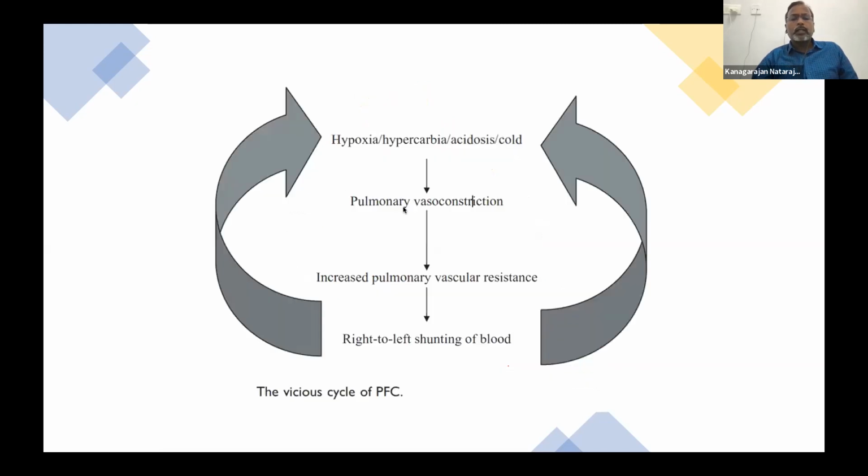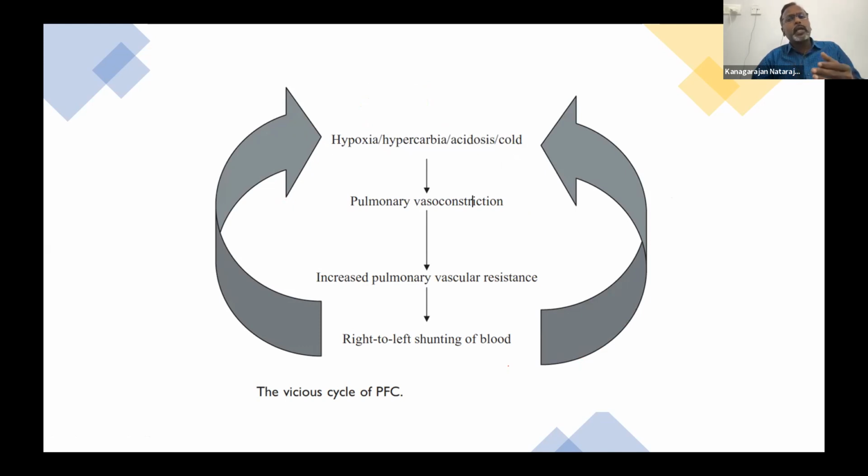Now, as I told you, if any insult happens during the transitional period, then you can get what they call persistence of the fetal circulation, especially if you have hypoxia, hypercarbia, acidosis. The most important thing for the fetal circulation to become transitional is reduction in the PVR.